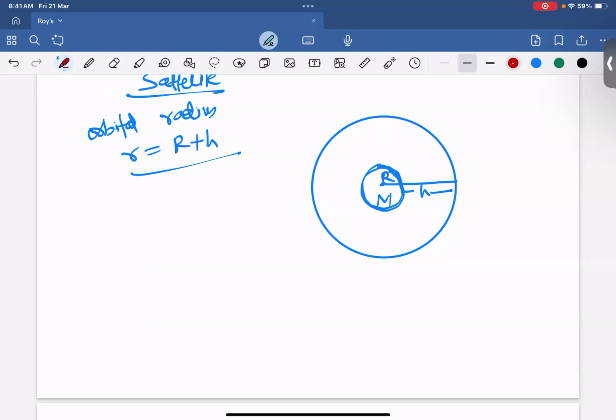Yes sir, understood. So if we take m here and it is moving with velocity v naught, then the centripetal force will be provided by the gravitational force of attraction. Gravitational force of attraction will be G capital M small m by r square, and that will give its orbital velocity.